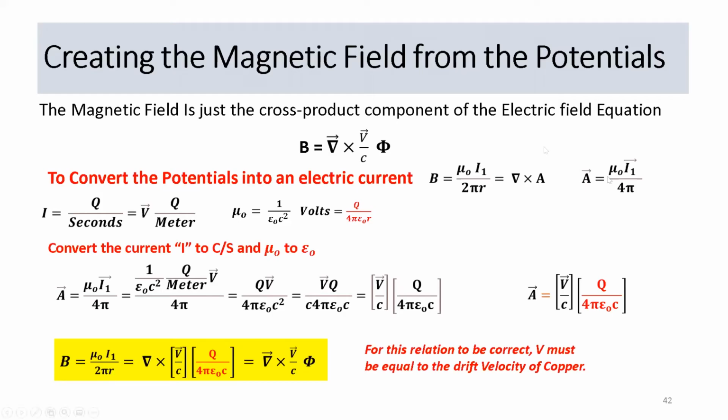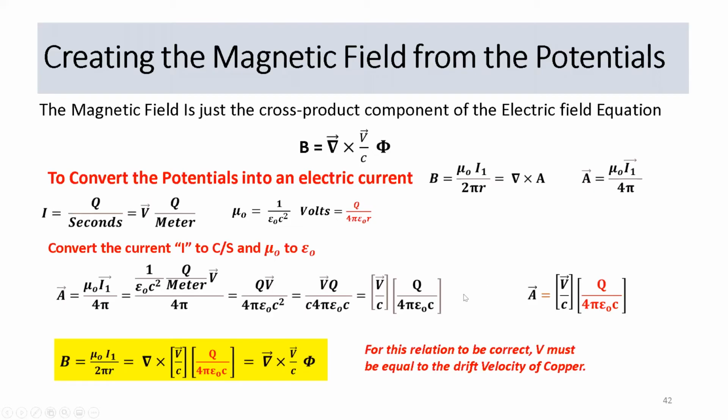It would be Q over 4 pi epsilon R. So that's basically the potential. What we can do is replace the potential here by our volts, and then we just have to multiply it times V over C, because that's going to give us our magnetic vector potential.